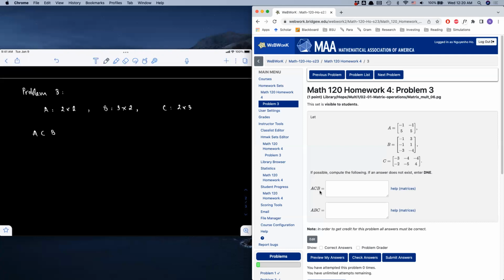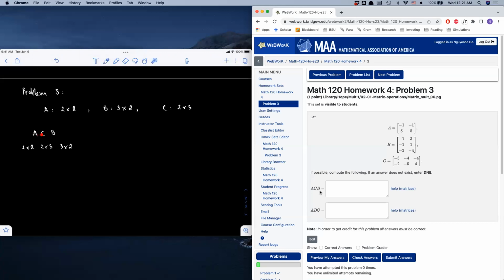Now let's check the size of the matrices and see what happened. So A is the 2 by 2 matrix, C is a 2 by 3 matrix, and B is a 3 by 2 matrix. So therefore, we can actually perform this multiplication for A times C times B, right?